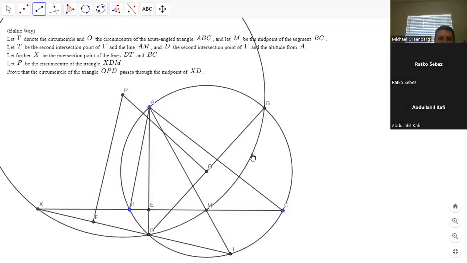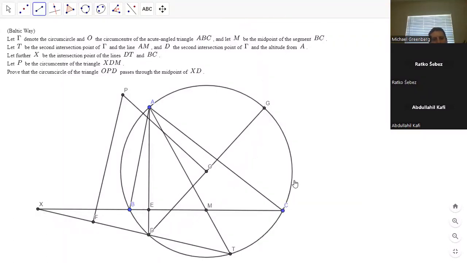We would need to show that XDMG is cyclic. And then it would be trivial from there. So let me hide this. We want to show XDMG is cyclic. We really don't need point P or F. And let's think about that.